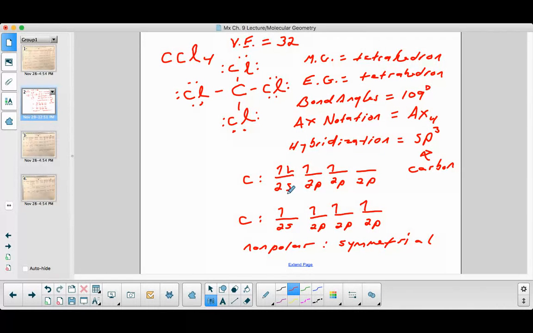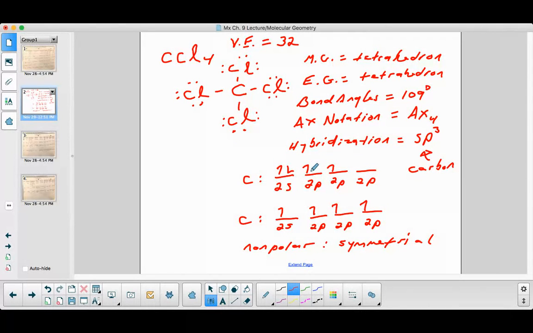So the carbon, we know the ground state orbital diagram for carbon for the valence shell only. It would also have a 1s2 orbital, but we're not including that because we're only interested in the valence shell for bonding. So I would have 2 electrons in the 2s orbital, and then I would have 1 in each of 2 of the p orbitals.